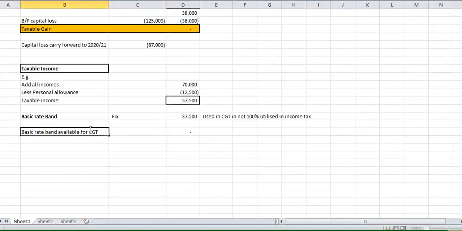I am going to write it down over here as well: taxable income is more than 37,500.